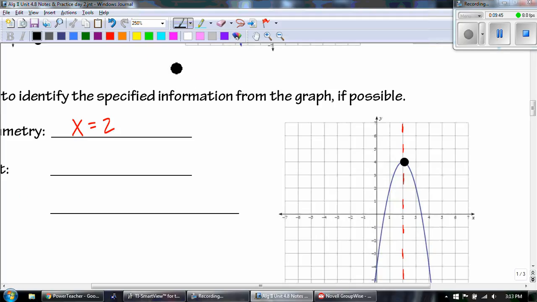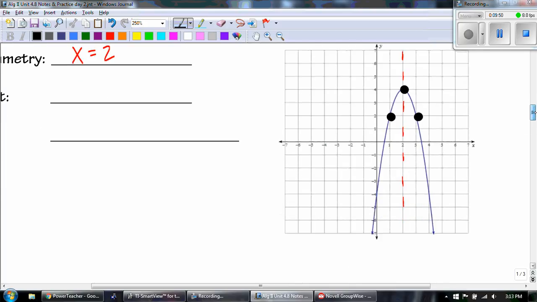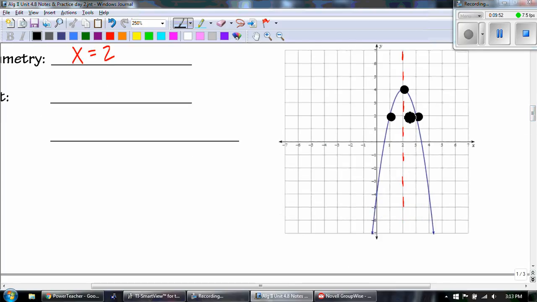Now the next thing it's asking for is, what is the y-intercept? So 1, 2, 3, 4, 5, 6, 7, 8. Now here, it's nice because we can actually see the y-intercept.